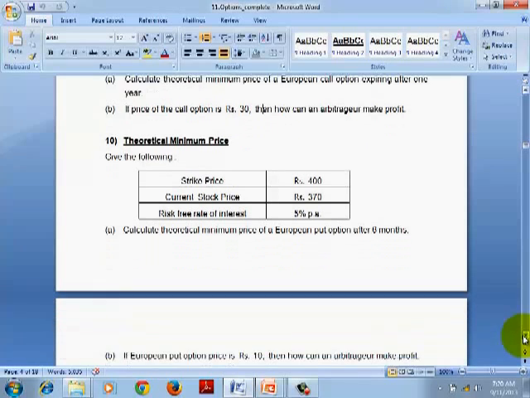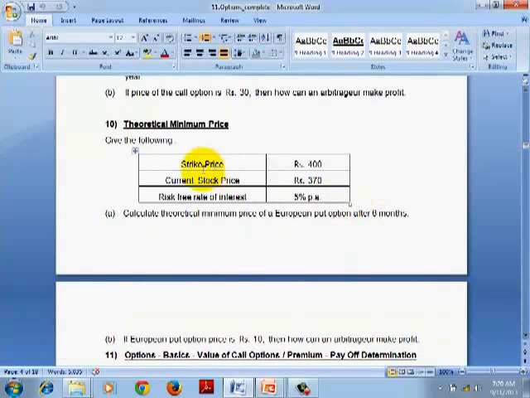Question number 10. Let's calculate the theoretical minimum price of a European put option after 6 months. European put, the third row in your table.